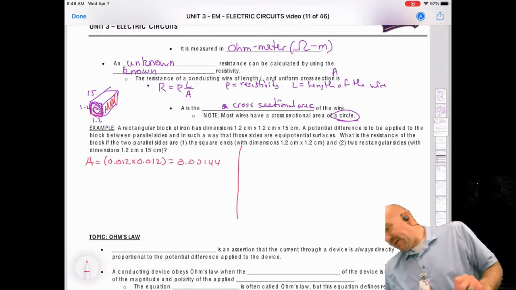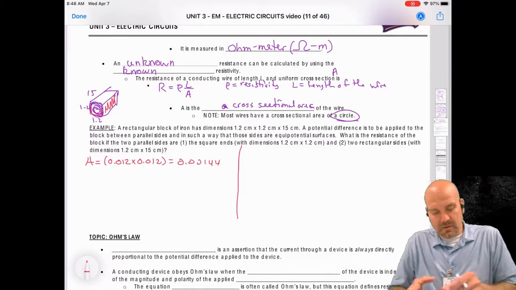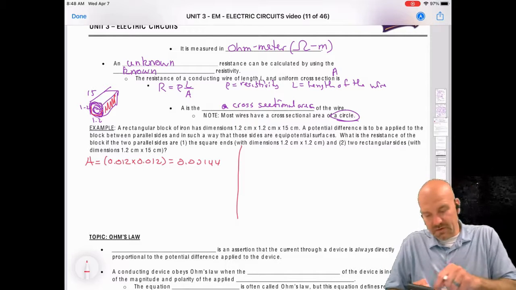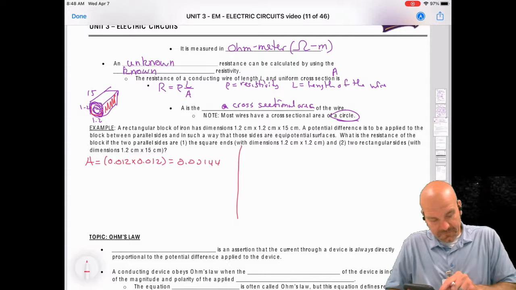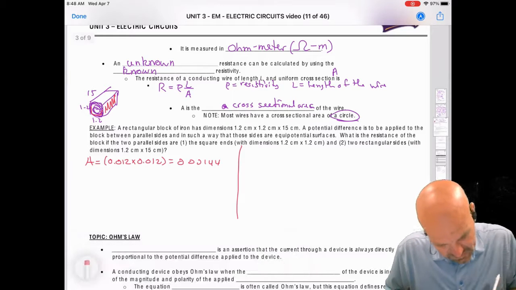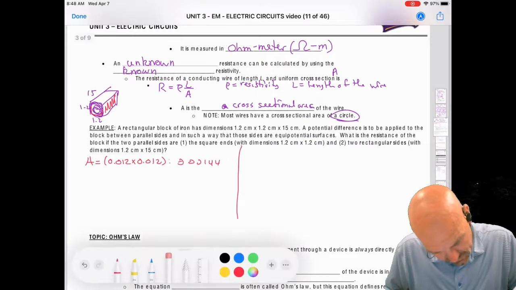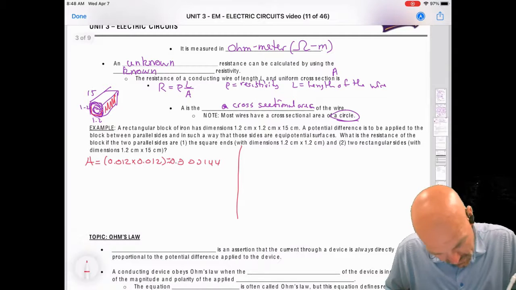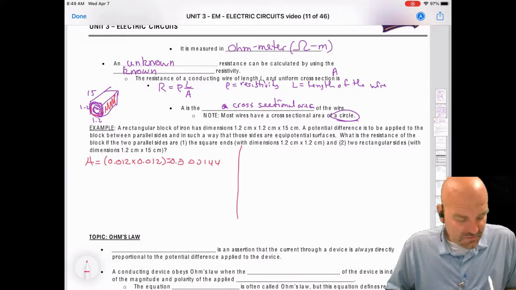Let me just double check that because I plugged it all into the calculator. I'm going to grab my phone. I can't seem to find my calculator right now, but phones have built-in calculators. So 0.012 times 0.012. I forgot a zero. So the area is 0.000144.